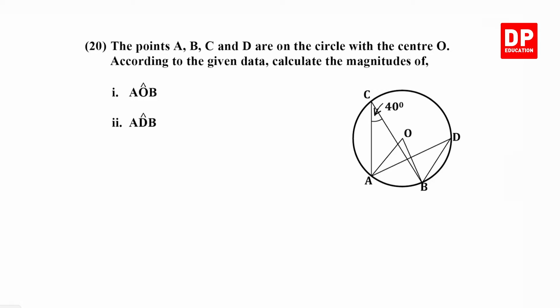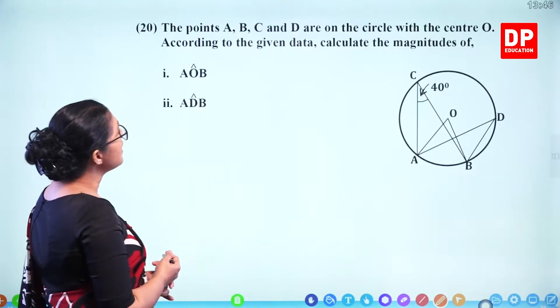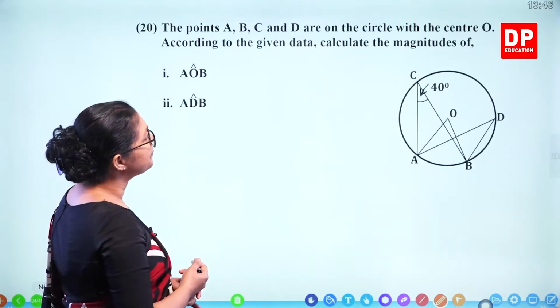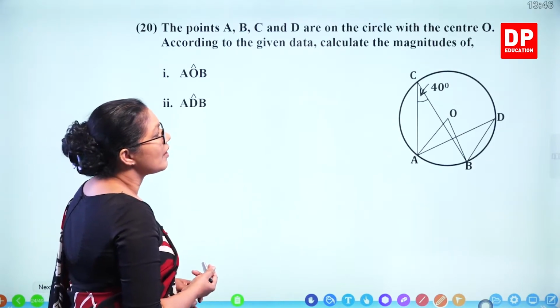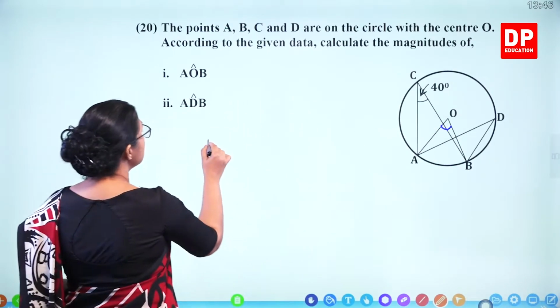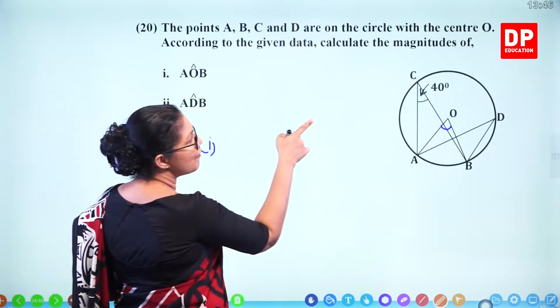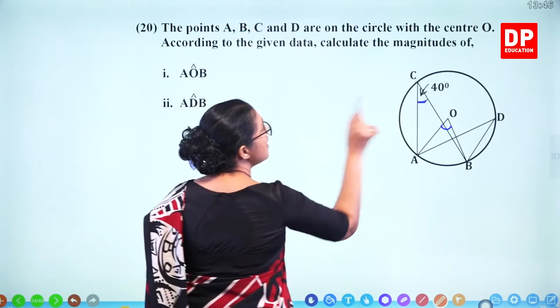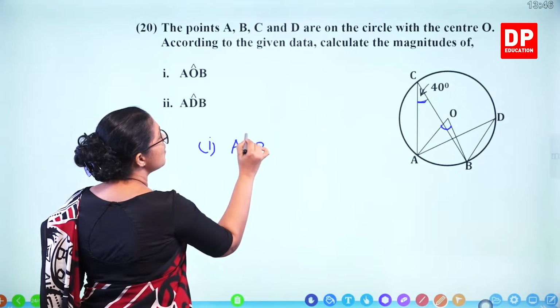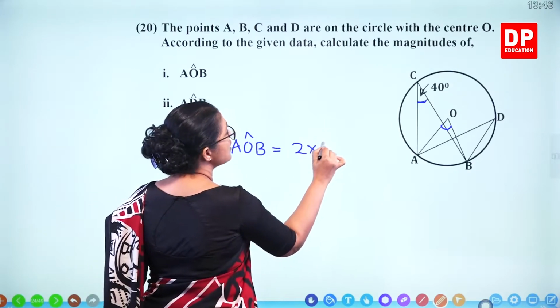Question number 20. The points A, B, C and D are on the circle with the center O. According to the given data, calculate the magnitudes of AOB. This is the angle subtended at the center. So what is the value? Double of the angle subtended on the circumference. So AOB is equal to 2 times 40.